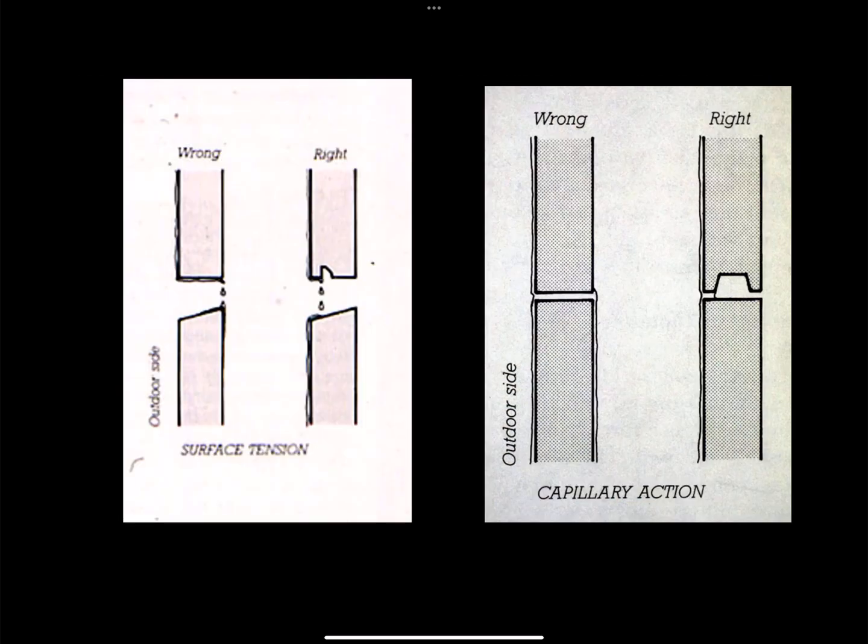The third force that we need to deal with is surface tension. And this is what enables water to hang on to the underside of a surface. And this can be resolved by incorporating what's called a drip or a groove into the underside of a surface.